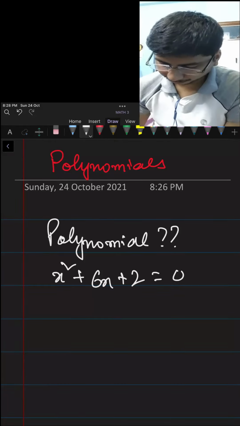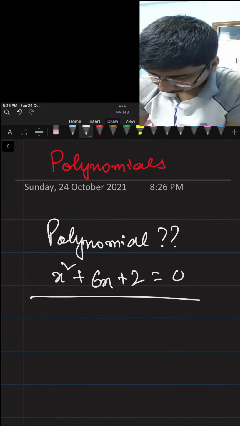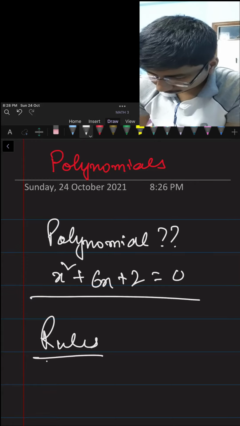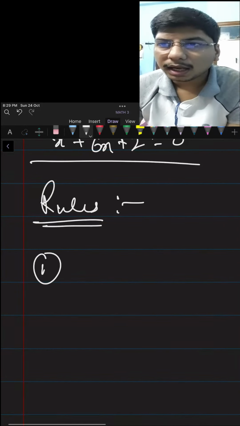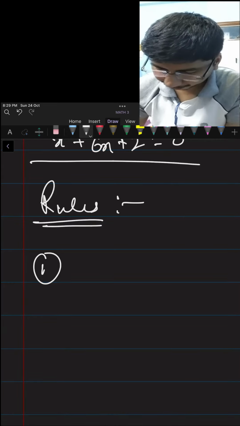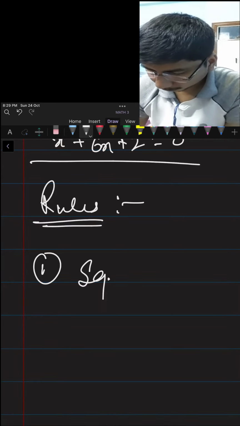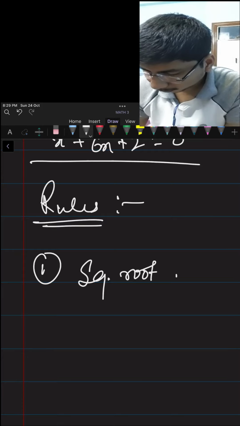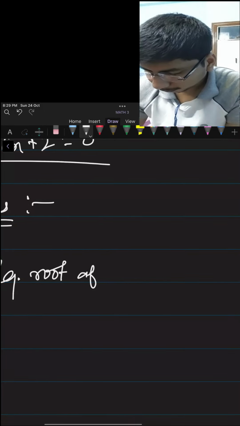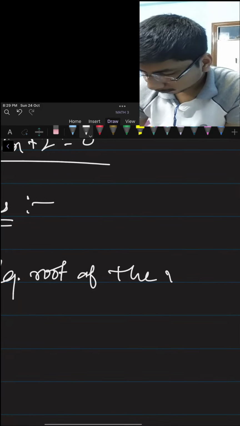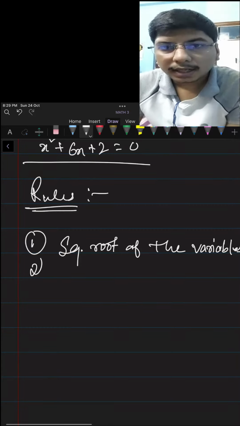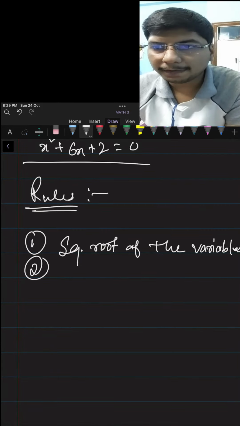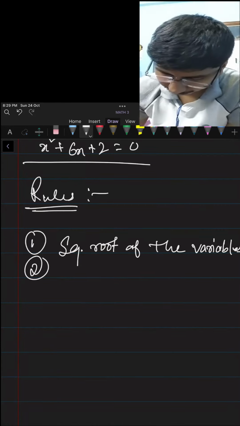There are some rules we have to maintain while using polynomials. Number one rule is no square root of the variable. The second rule is no fractional powers of the variable.